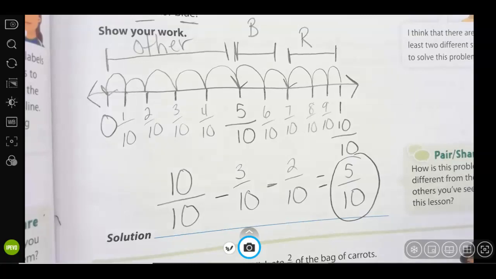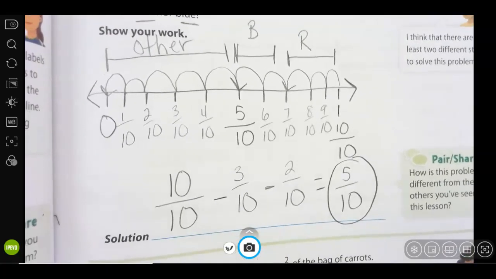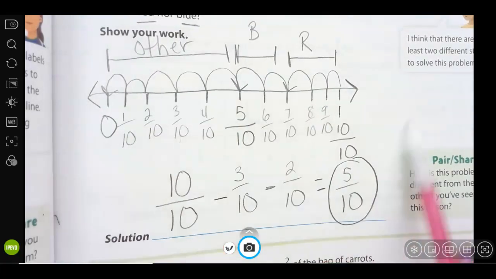Okay. When it asks you to show your work, guys, it's asking you to show the number line, okay?